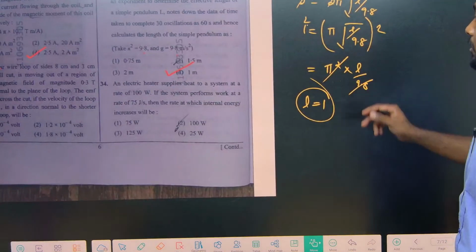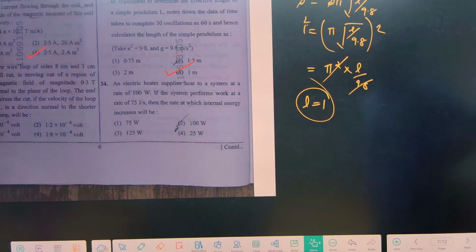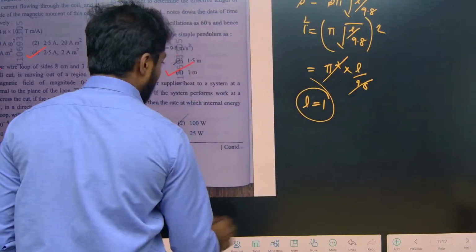So 34th question: an electric heater supplies heat to a system at 100 watt. If the system performs work at 75 joules per second, then the rate of increase of internal energy will be. So what is the formula?